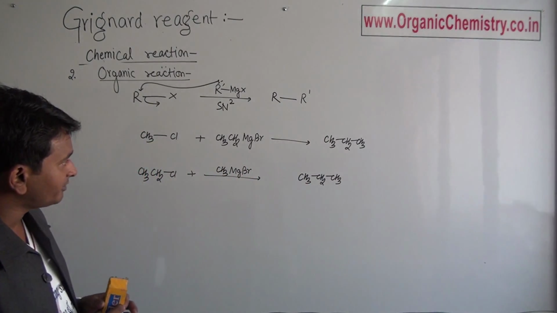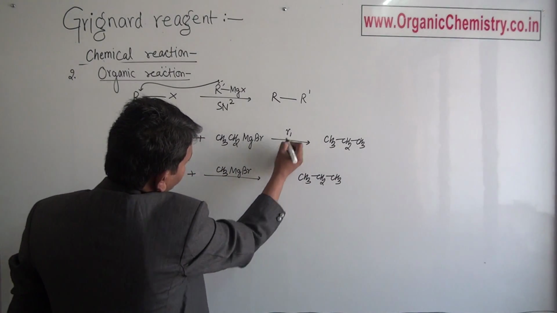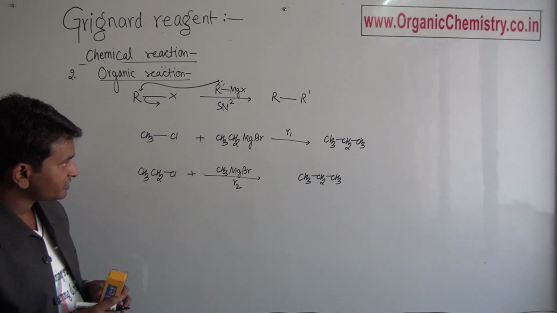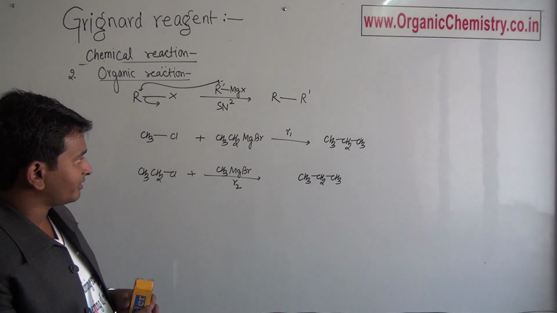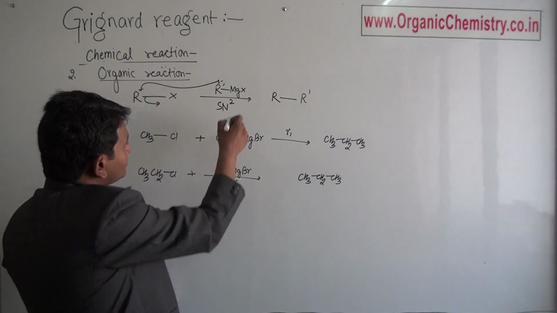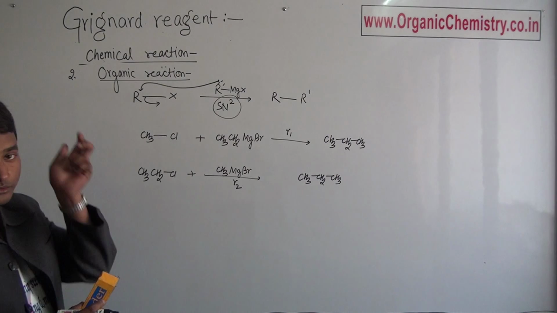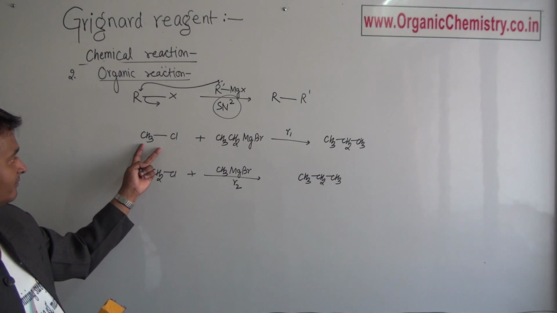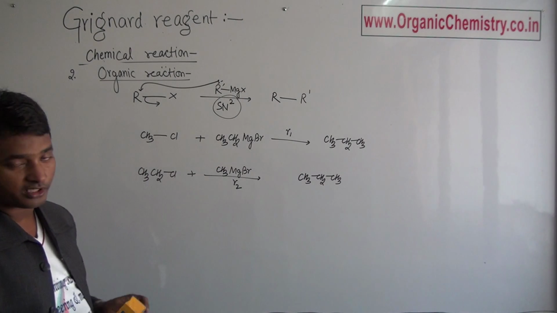But the question will be, if this is R1 and this is R2, which chemical reaction has the faster rate? So the important part goes to this SN2. We look at the steric factor over the alkyl halide, not the nucleophile.